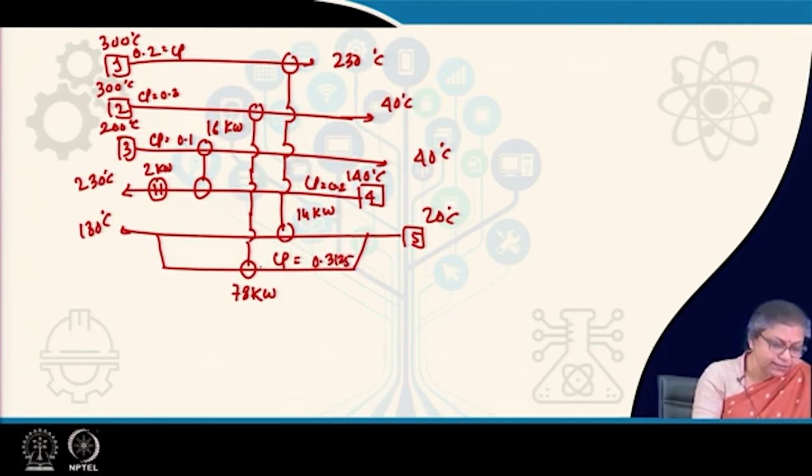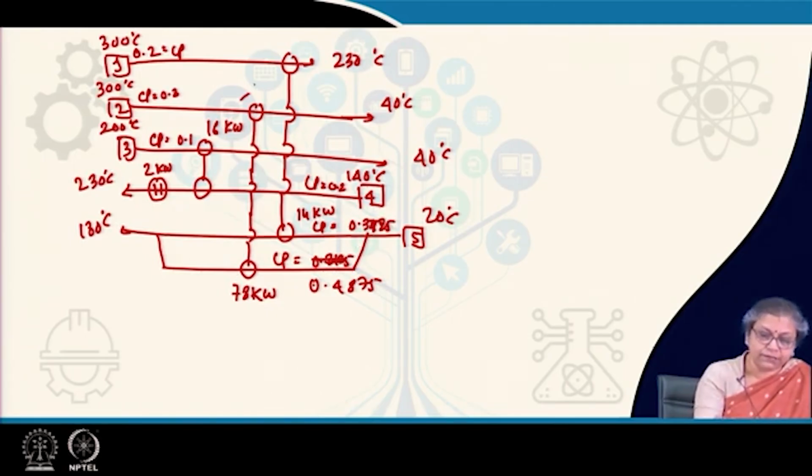The moment I divide it in such a way that the Cp for this is 0.4875, naturally the Cp for this case becomes 0.3125, and then I find that stream 2 is completely nullified and I do not need anything extra.